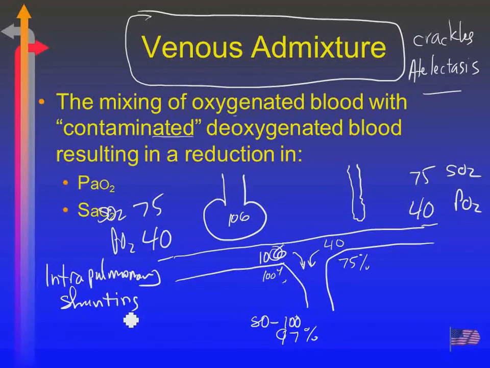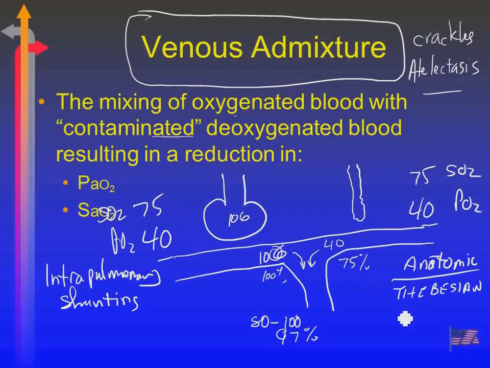Did we talk about the other types of shunts we have? Are there anatomic shunts? Say yes. Thank you. What are they? The Thebesian veins, which are where? In the heart.